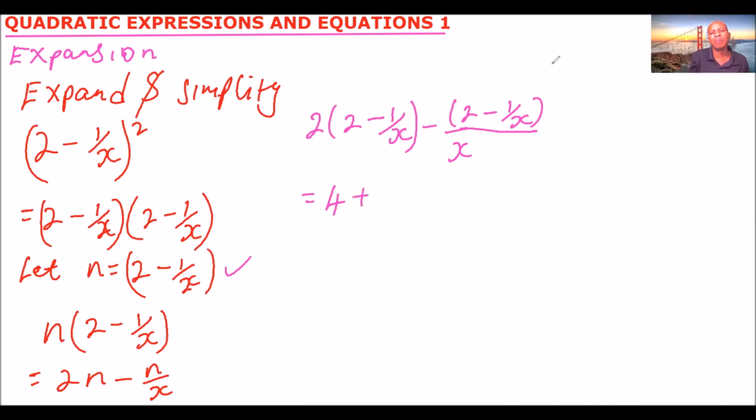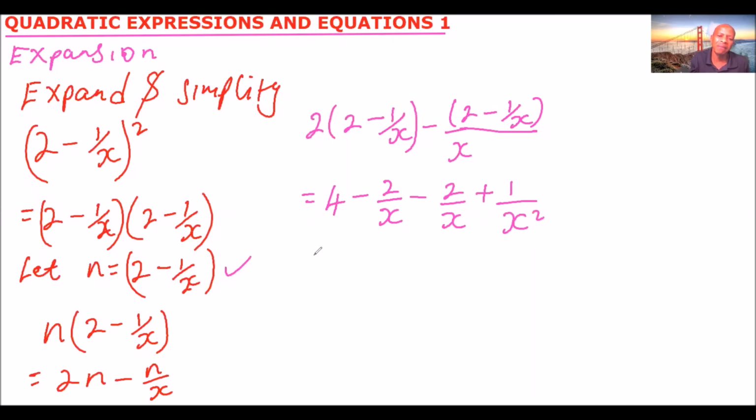Then we have minus, because that is minus x, 2 multiplied by 1 over x, that should give us 2 divided by x. Then we have minus 2 divided by x. And then minus and minus will be positive when you multiply. So you have plus 1 over x multiplied by 1 over x, so we have x squared.